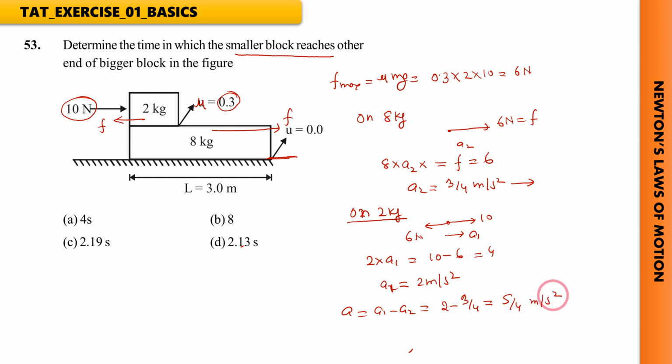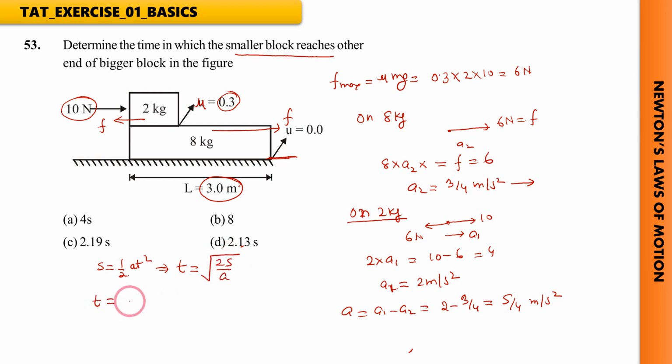Now with this, the 2 kg block is slipping over the 8 kg block. So the length to be covered by the block on the 8 kg block is 3 meter. We'll use the formula S equals ut plus half at square, and u will be 0 in this case. So S equals half at square. Time has been asked, so t equals root of 2s upon a.